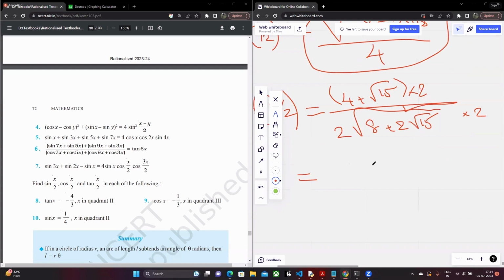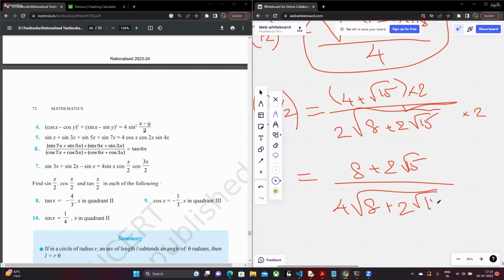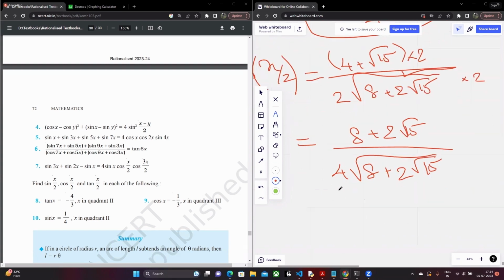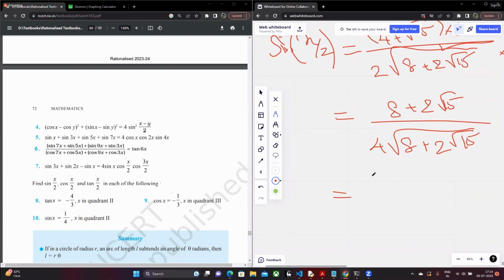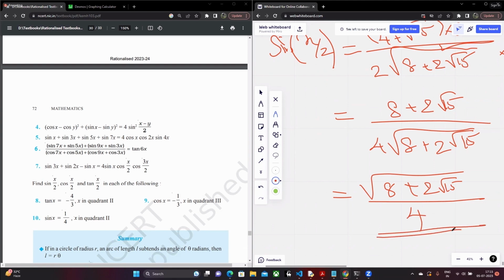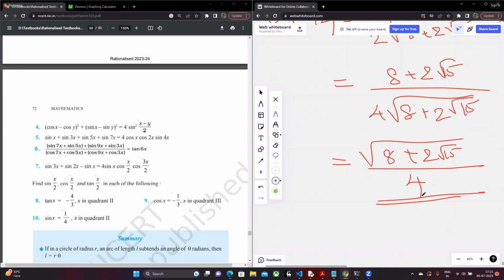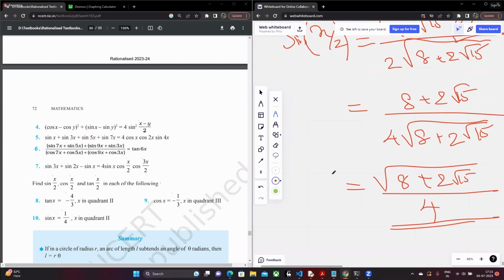So I basically get 8 plus 2 root 15 divided by 4 root of 8 plus 2 root 15, which I can further write as square root of 8 plus 2 root 15 divided by 4.